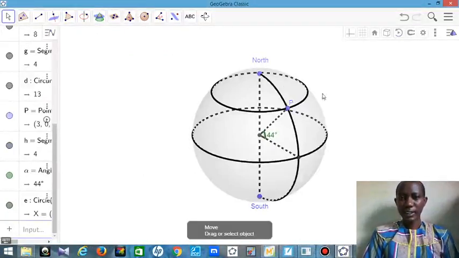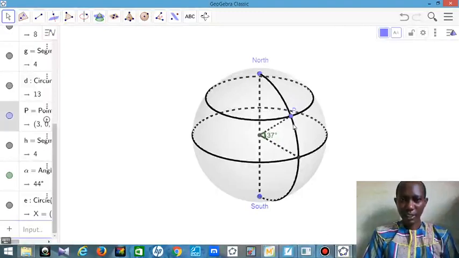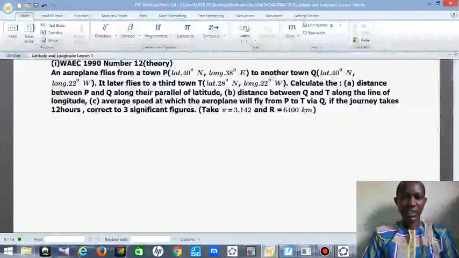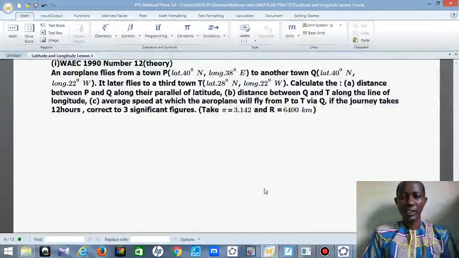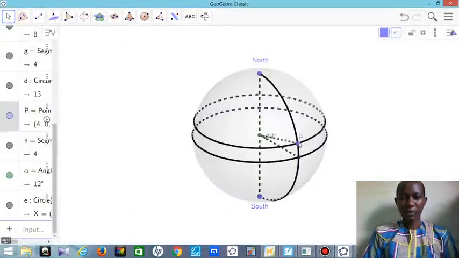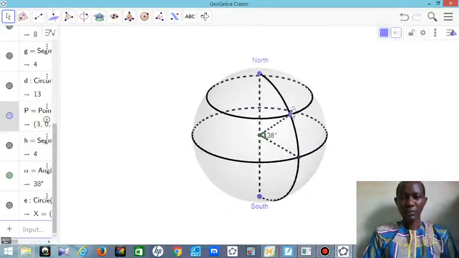This is the first point. The latitude is 40 degrees north. See, it's at 0 degrees now. So the plane starts from P. And where is P? Let's go back to the question. P is at latitude 40 degrees north, longitude 38 degrees east. That means it will rise 40 degrees north. You can see it, 40 degrees north.